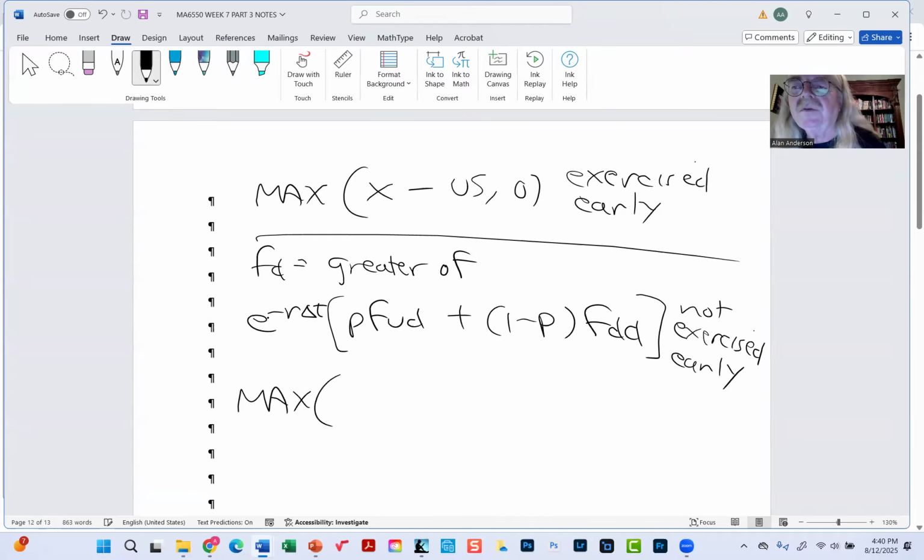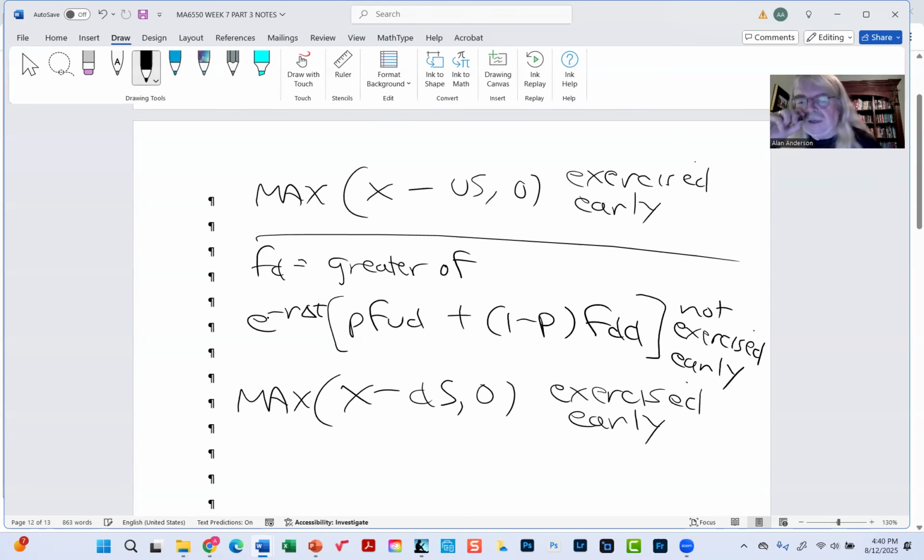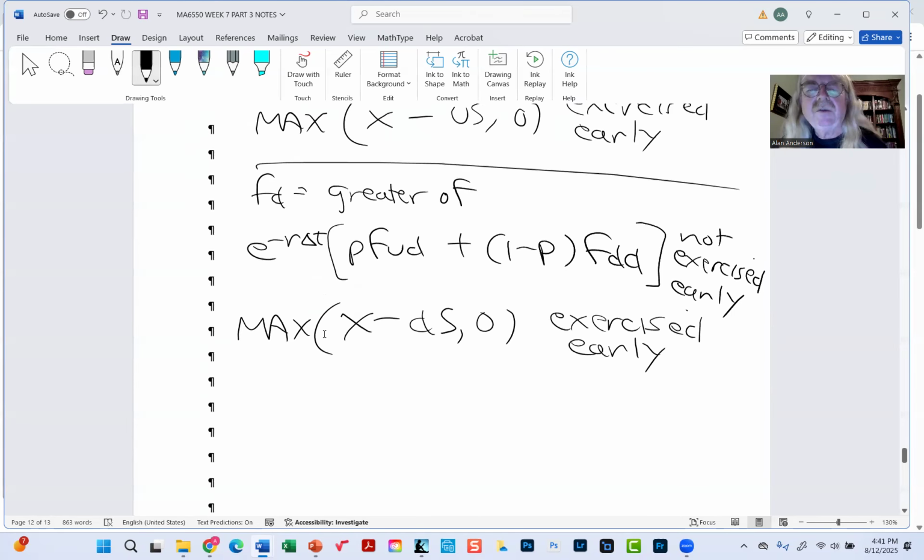And if we do reach this node, the stock price is DS. Okay. And then finally, F, the current price.